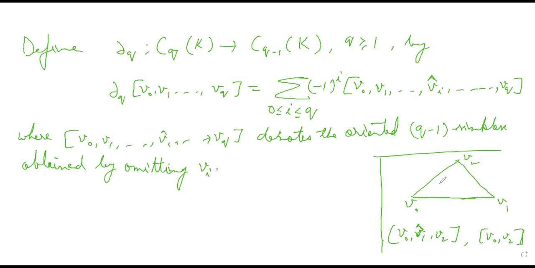So if you throw out v1, you are left with v0, v2.